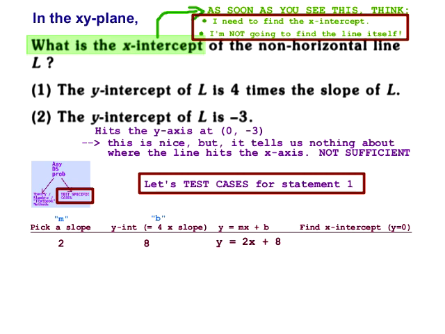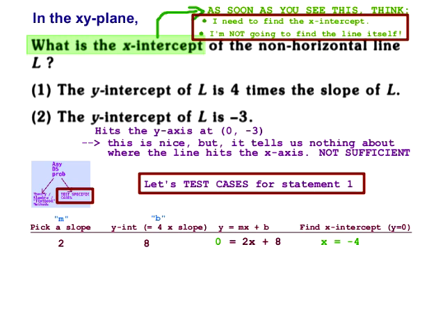And again, to find the x-intercept, what you have to do is set the y-coordinate equal to 0. So you can just plug 0 into that equation for y, and then solve. So 0, and then that means that x would be -4. So the x-intercept is -4.